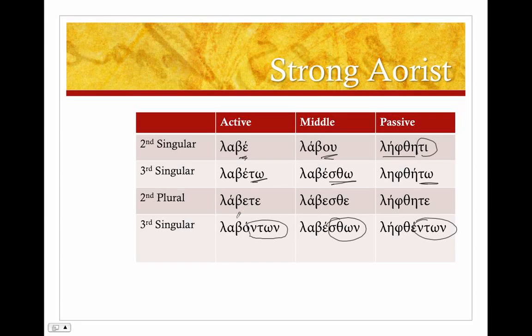Right? The third plurals are consistent across the board, in the actives and middles anyway. And the aorist passives are the same whether it's strong or weak aorist. You just need to know that sixth principal part. So practice these, give yourself a couple of verbs to form, and you'll have them memorized.